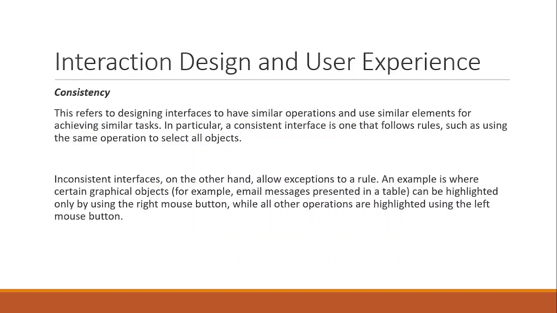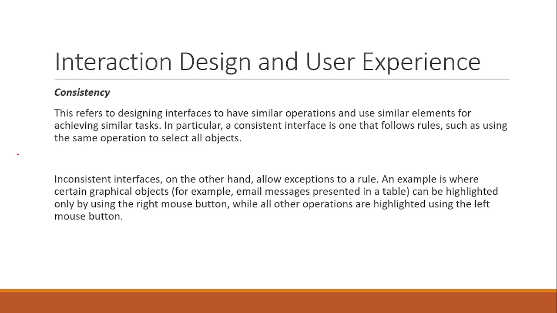So, next we have consistency. This refers to designing interfaces that have similar operations and use similar elements to achieve similar tasks. So similar operations are related, so related operations will have the same buttons, the same functionalities, or the same tasks.